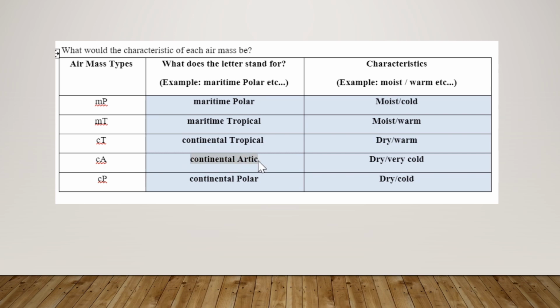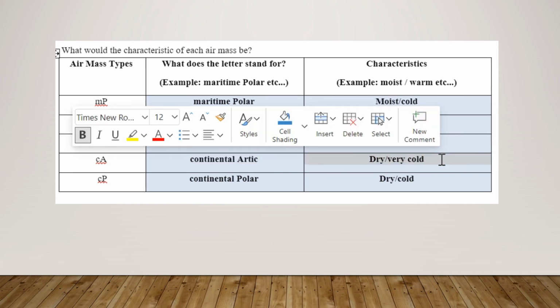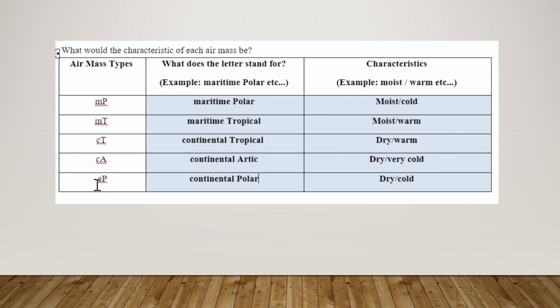So our continental Arctic is dry and very cold. Finally, our continental polar, dry for C, the continental, and polar is the P, which means it's going to be cold. So we have a continental polar, dry and cold.